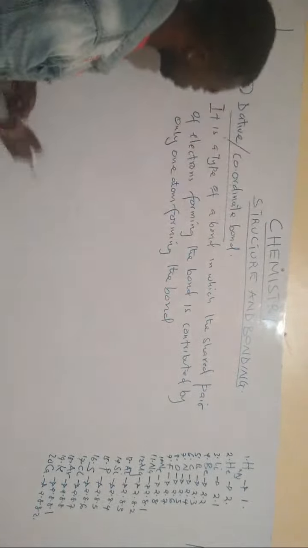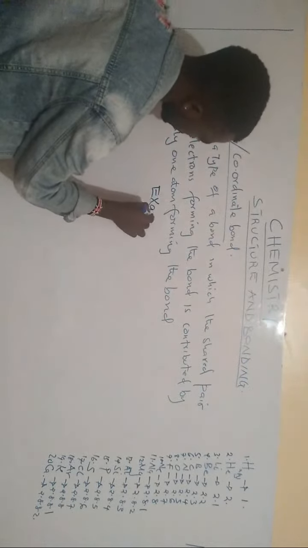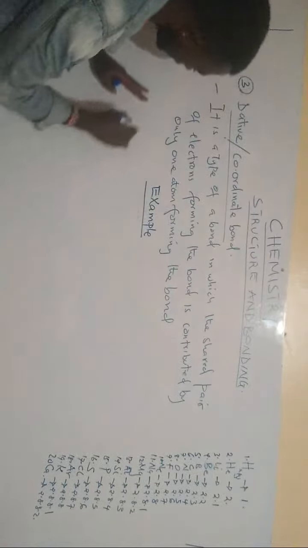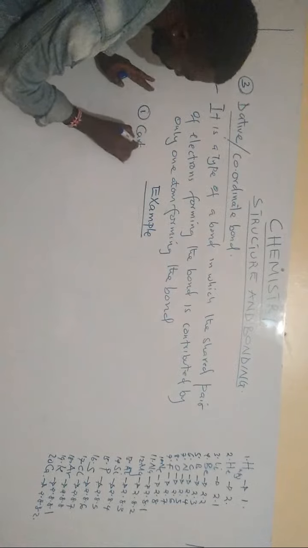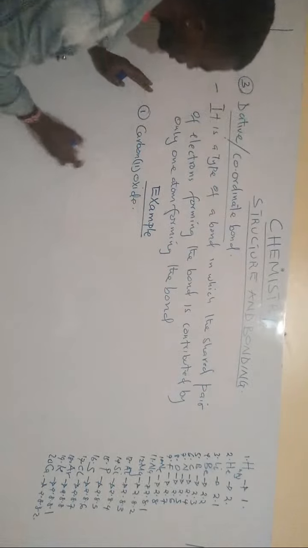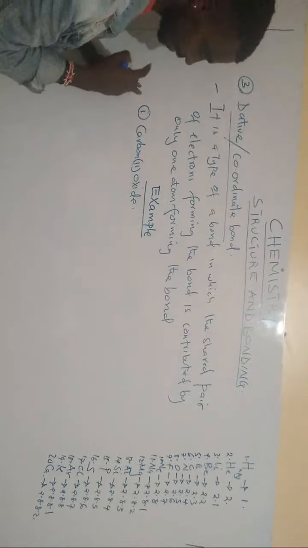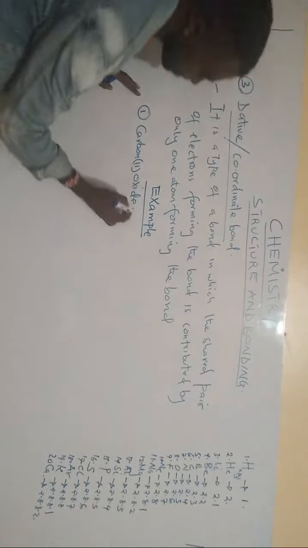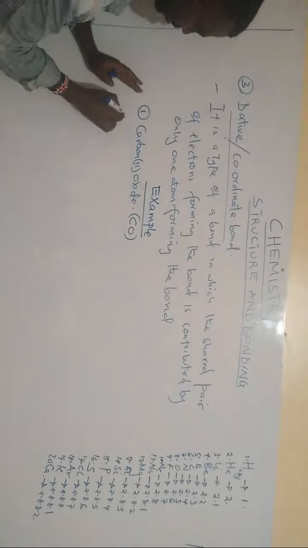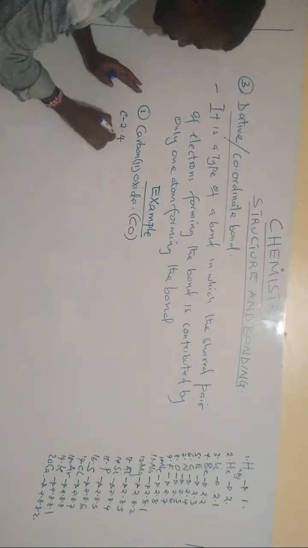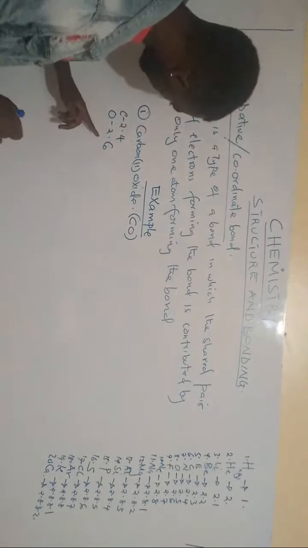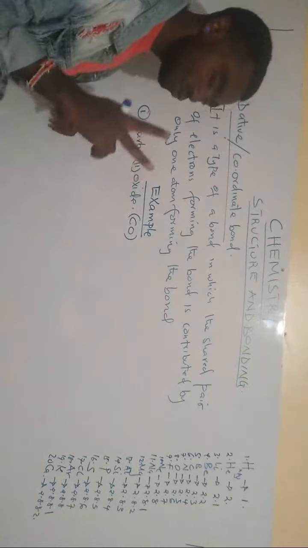Look at this, carbon 2 oxide. I'm just going to have two examples, that will be enough to explain everything. Carbon 2 oxide, the symbol is CO. And carbon's electron arrangement is 2:4, and the oxygen electron arrangement is 2:6. So you find oxygen has to gain 2 to be stable.